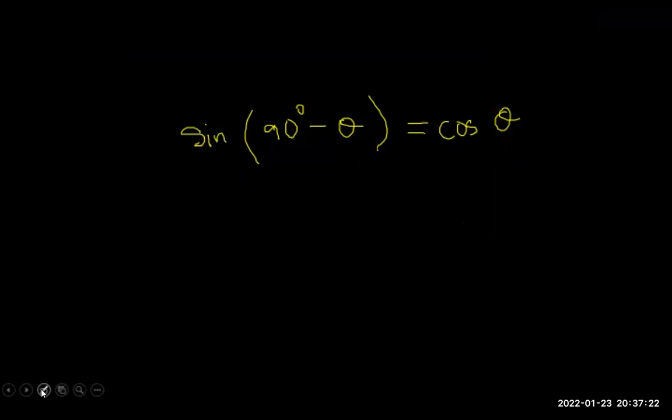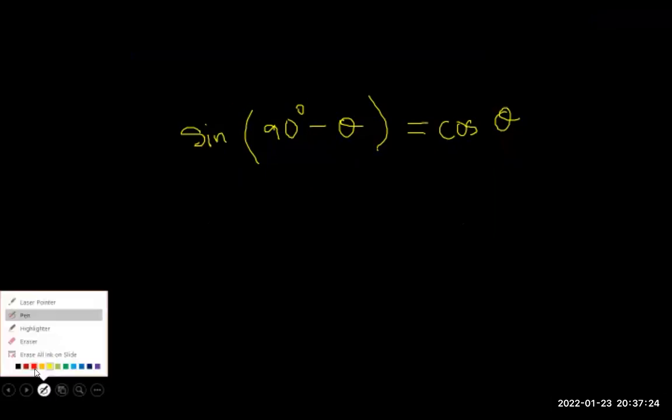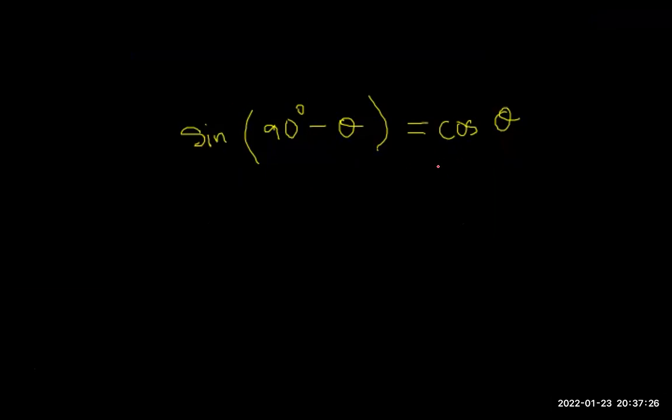So if I have cosine, somebody give me a value for theta. 21. All right. What's the value for cosine of 21? 0.933580425. So we can put 0.93.